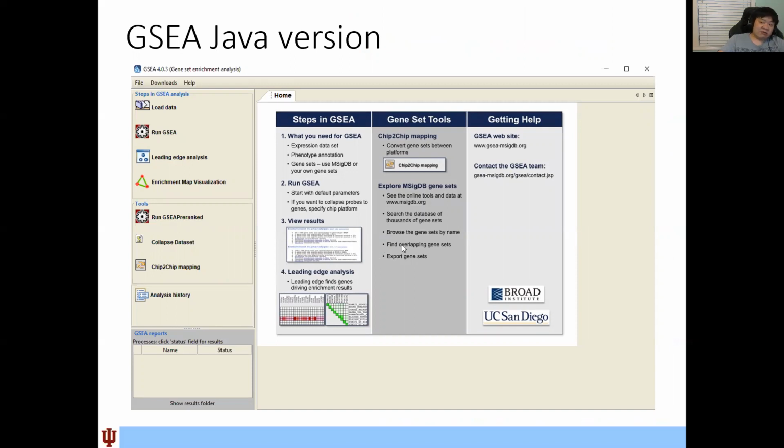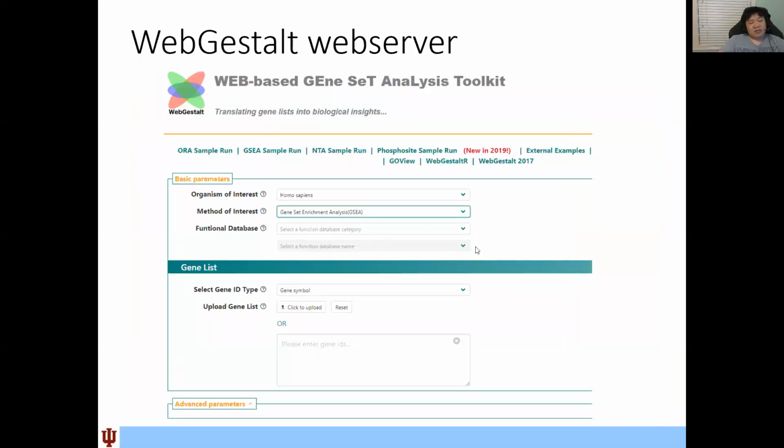One is the GSEA Java version, a user-friendly Java application that enables you to upload your data and gene list in a certain format to execute the whole GSEA approach. The second is a web server called WebGestalt, a web-based gene set analysis toolkit.